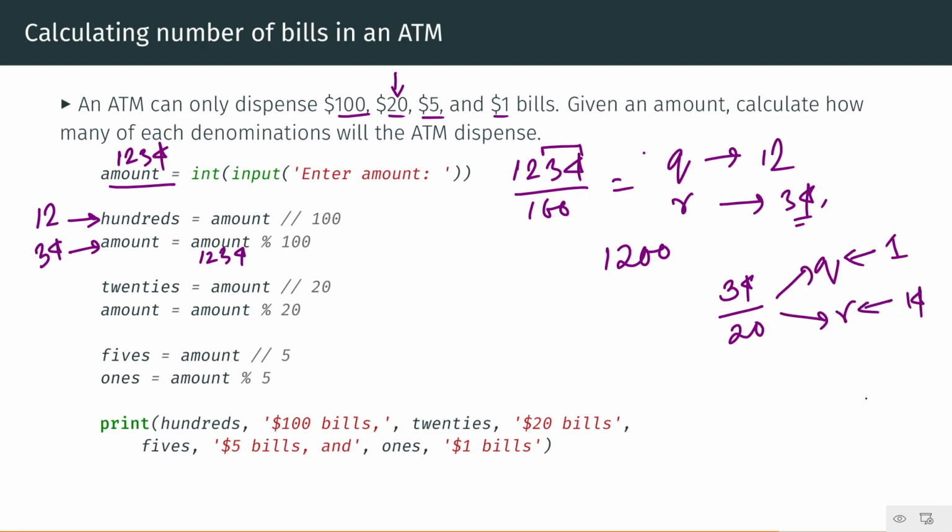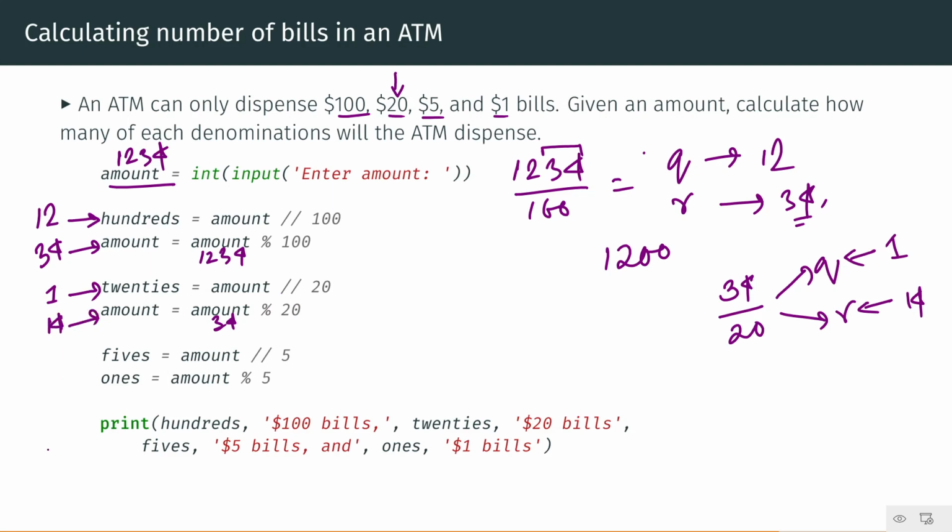So the variable 20s would be 1. And you update the amount. The amount previously was 34. You divide it by 20, you take the remainder and you update the value. So now amount has 14.